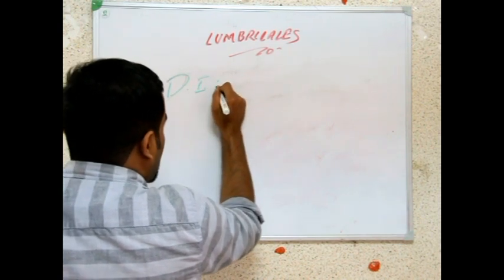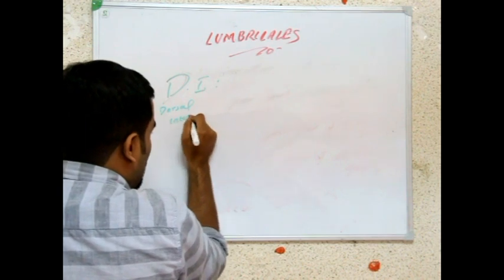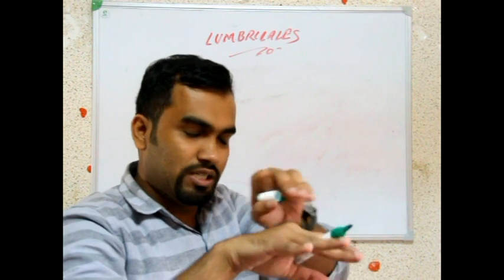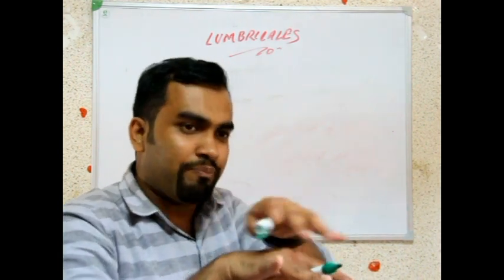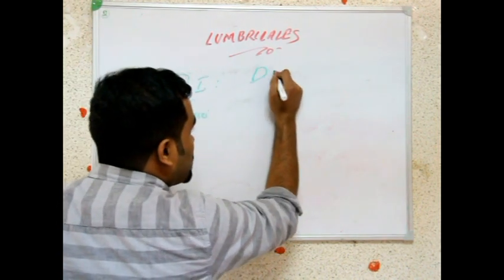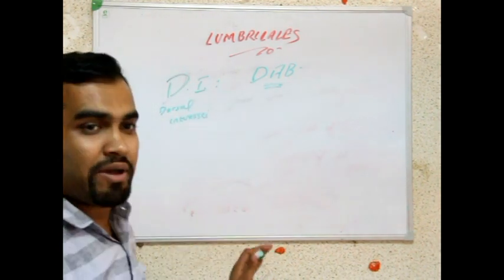Interossei means in between. The muscles are located on the dorsal side, in between the digits. To remember, DAB. What is that? For the dorsal interossei, remember DAB.